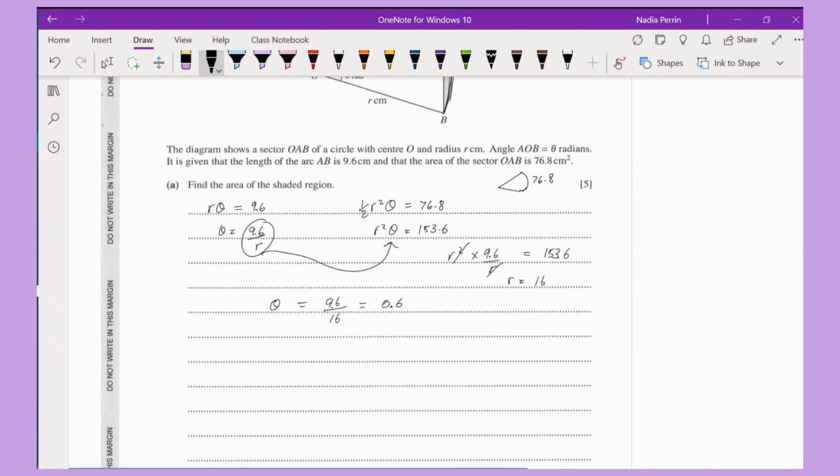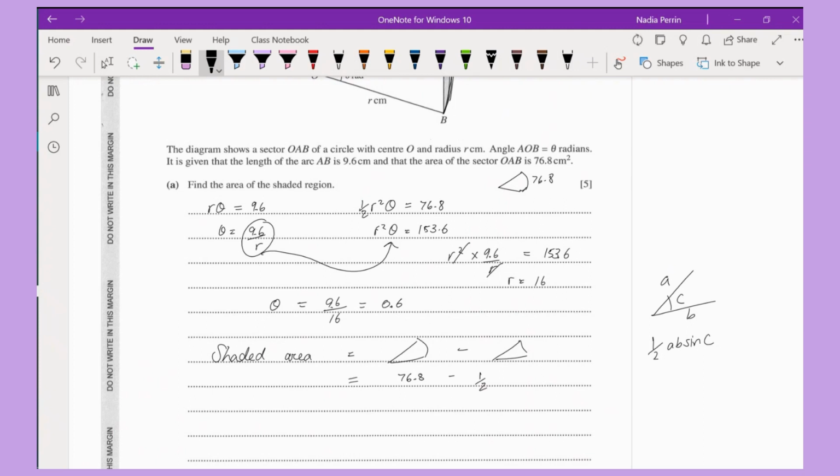So if we want to find the area of the shaded area, you want to do the area of the sector minus the area of the triangle. We already knew the sector, it was 76.8. And for these, I would use half ab sine C for the area of a triangle. So just remembering that a and b have to be either side of the angle in the middle.